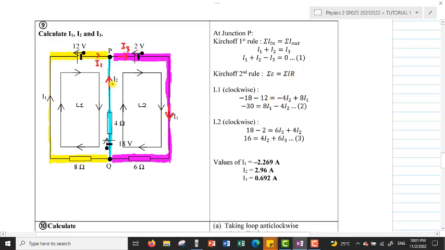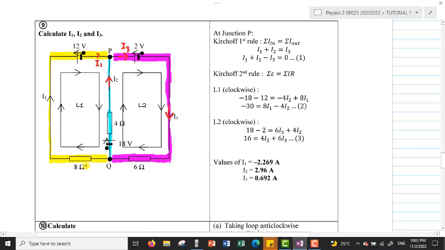Comparing the direction of I2 with the direction of loop 1, the directions are opposite, so we have negative I2. This I2 flows through the 4 ohm resistor, so we have negative 4 I2. Current I1 also flows in this loop, and its direction is the same as the loop, so it will be positive I1.